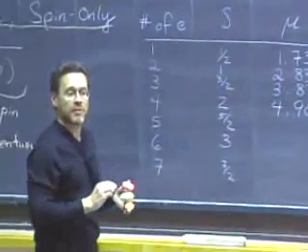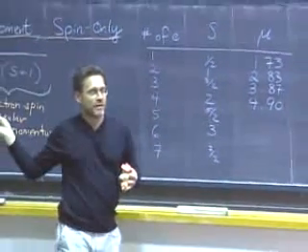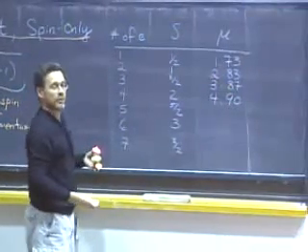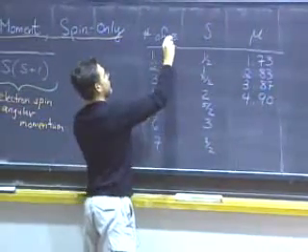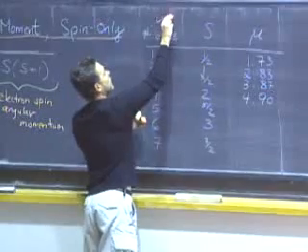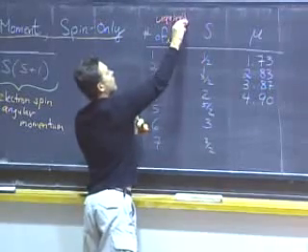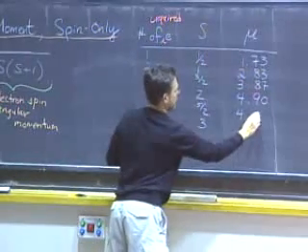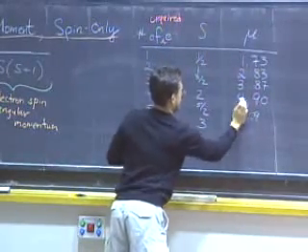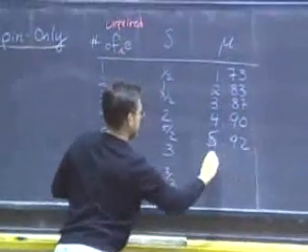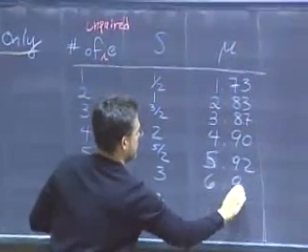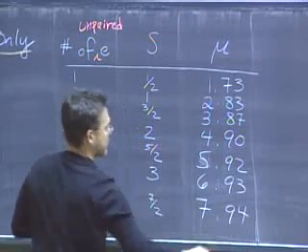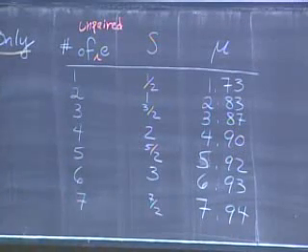For the spin-only magnetic moment, if you go through with these values of S, these numbers of unpaired electrons, let's just make sure we're very clear on that. And then 5.92, 6.93, 7.94 approximately. You can check those numbers, but they're approximately right.